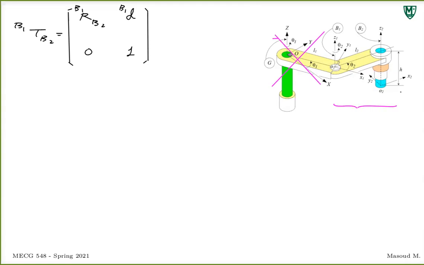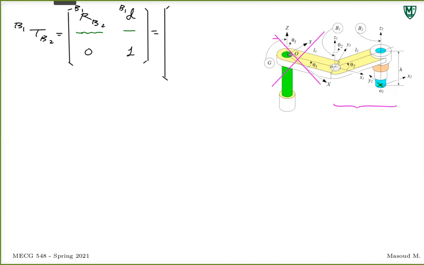We have rotation. To think about rotation, think about point O2, the origin of B2. We want to find this rotation matrix. Let me put it right here and expand this. What is the rotation matrix?